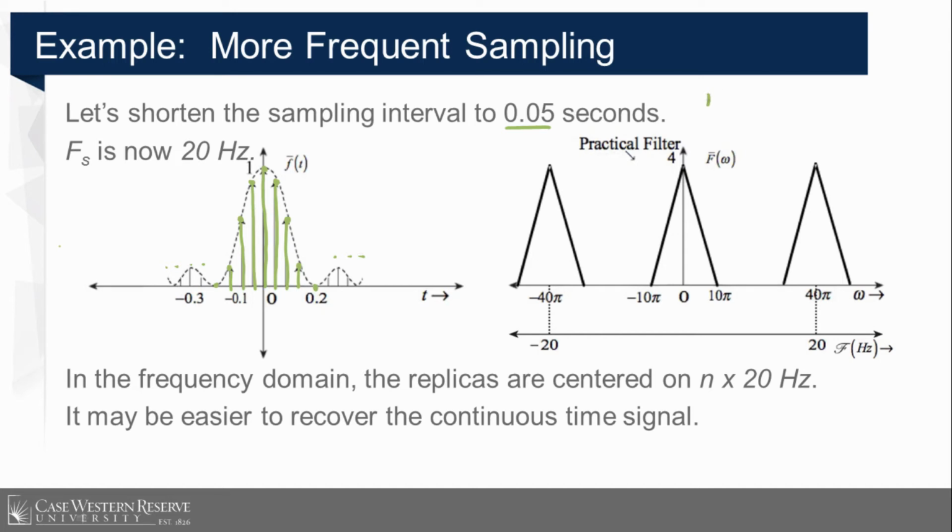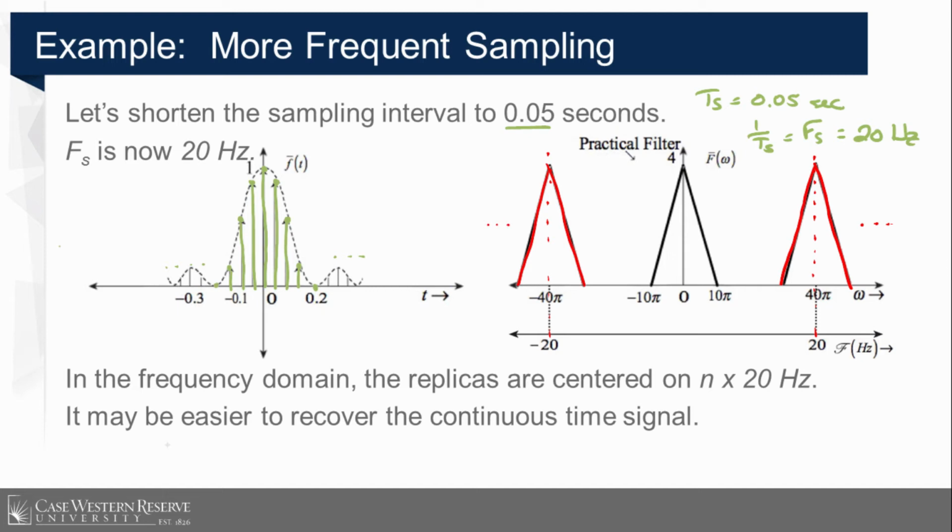Okay, so our Ts is equal to 0.05 seconds, and 1 over Ts, which is our sampling frequency, is going to be equal to 20 Hertz. So this means our replicas will now be spaced at 20 Hertz intervals. If we take a look at our replicas, we see that that's exactly how we've drawn them here. Our first replica appears at exactly 20 Hertz. We have a replica at minus 20 Hertz, and we'd have replicas at 40 Hertz and minus 40 Hertz. We just haven't drawn them here.